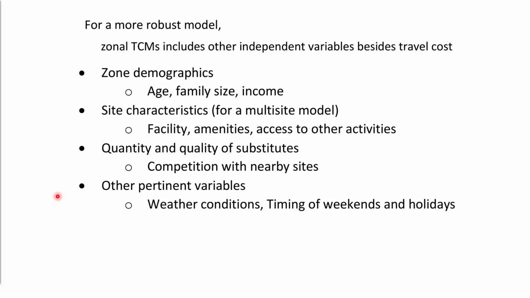So for a more robust model, the more variables you can control for, the better you can compare. Let's say you want to find a comparable family that lives in A and a comparable family that lives in E. Meaning the two families have similar preferences, similar family size and similar income, and the only difference between them is that one is further away and one is closer.